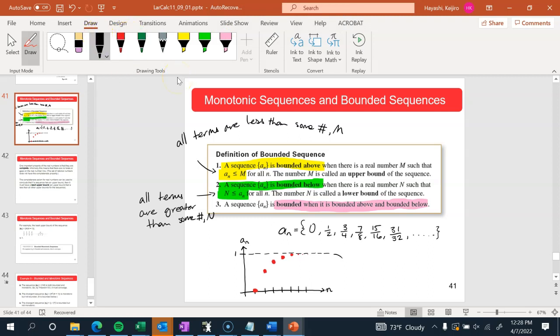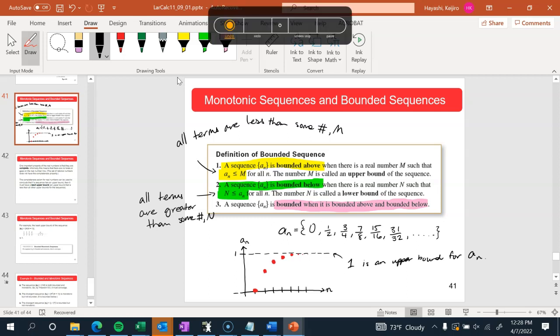But this 1, because it's above every term that's ever going to be in the sequence, 1 is an upper bound for this sequence. And technically speaking, this also has a lower bound because these terms never go below 0. I mean, one of them is 0, but that's fine.